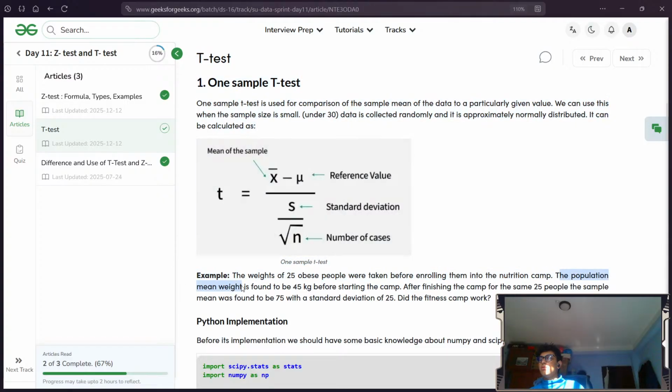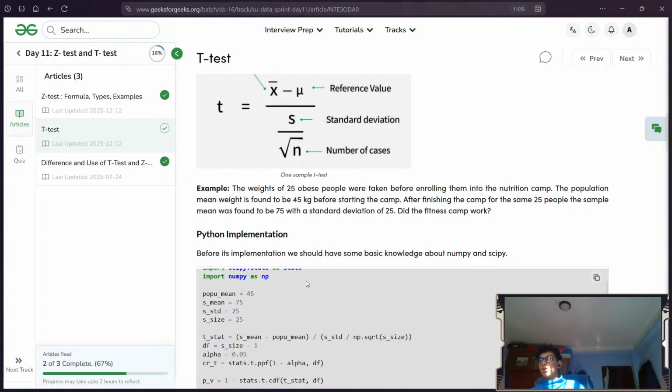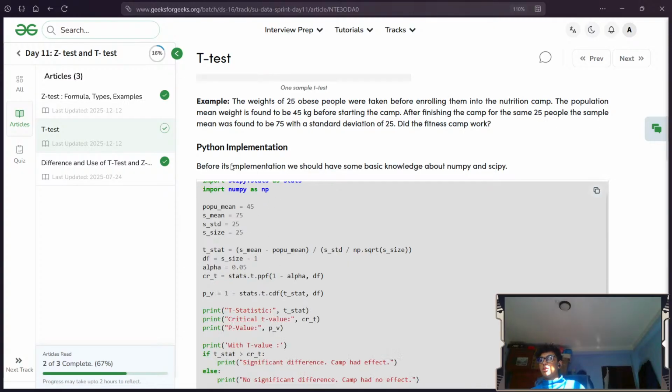The population mean weight is found to be 45 kg before starting the camp. After finishing the camp for the same 25 people, the sample mean was found to be 75 with a standard deviation of 25. Did the fitness camp work?